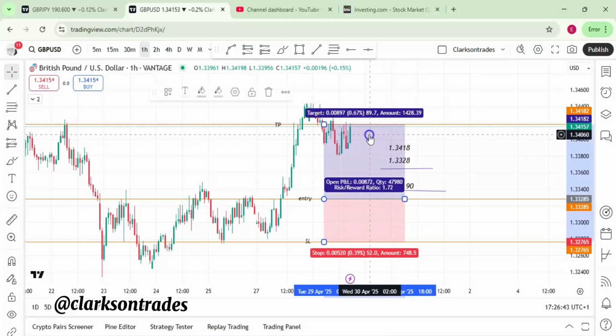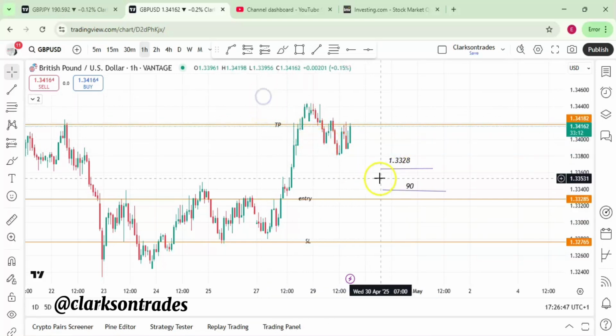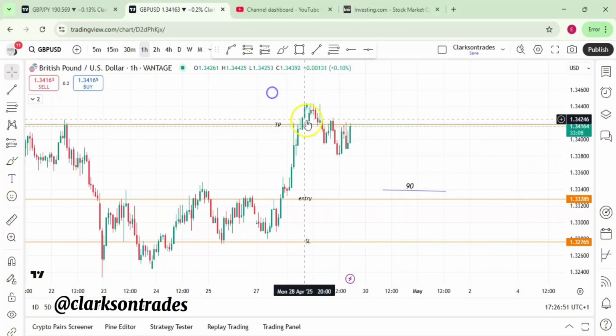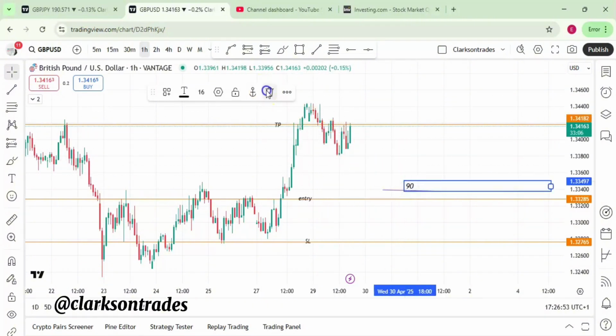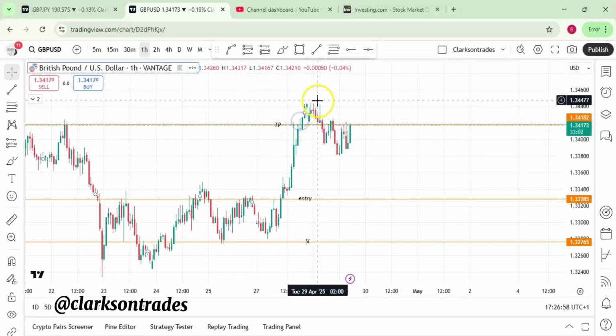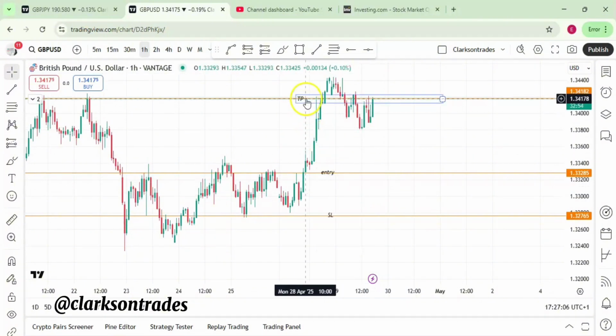Or the simplest way is just to do simple subtraction. This is the exact same thing you need to do if you are selling. Now in this case we're buying. What if we were selling? It's the exact same thing, just simple subtraction. Simple as that.